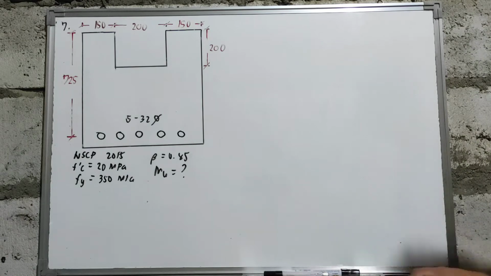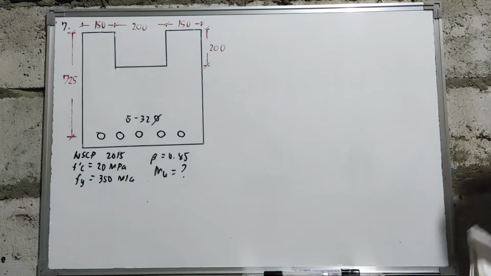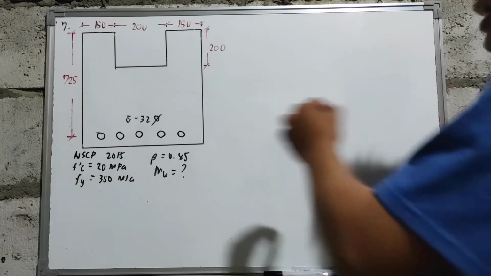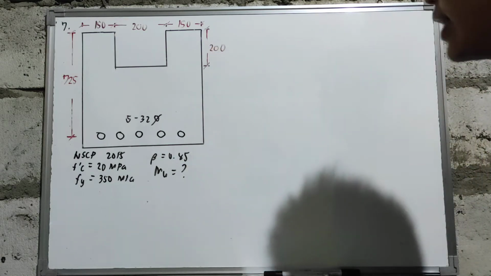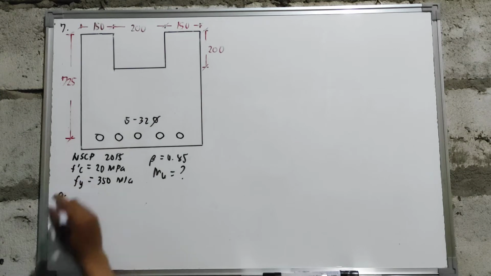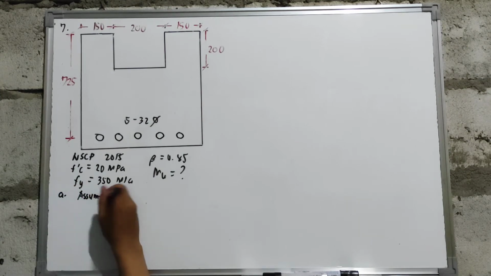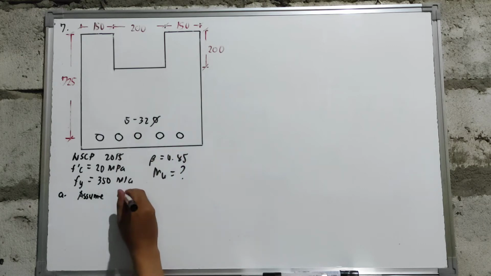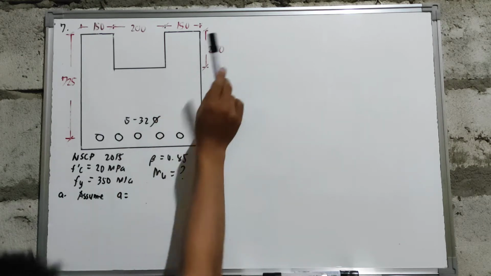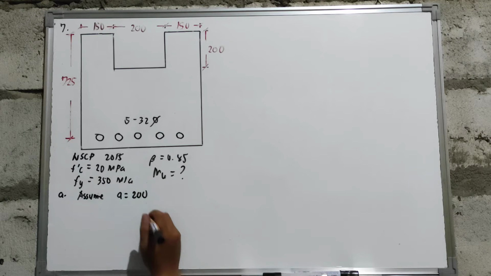So una-una sa lahat, since irregular yung section natin, tingnan natin kung hanggang saan yung value ng compressive force natin dito. So with that, for your first step, we are going to assume, let's say, yung value ng compressive force natin is hanggang dito lang siya, hanggang sa thickness natin na 200 lang.